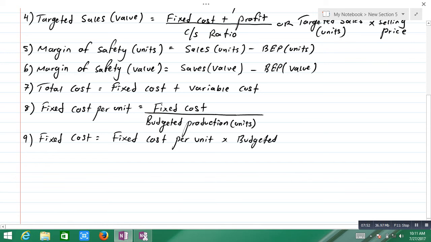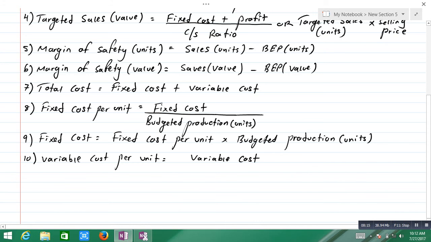Number ten, same thing: variable cost per unit is variable cost divided by budgeted production units.